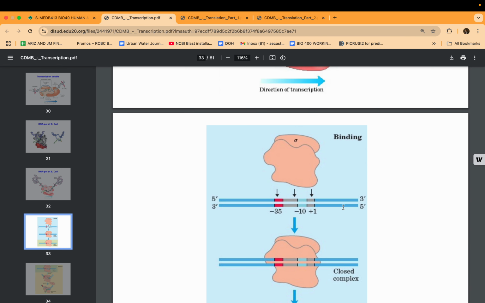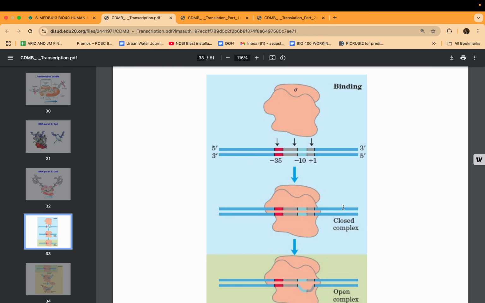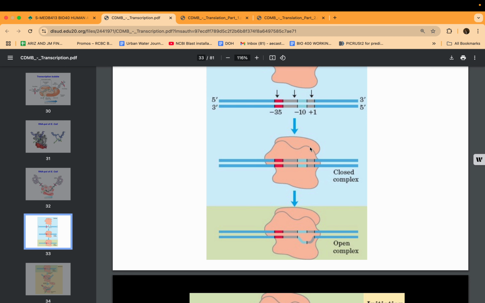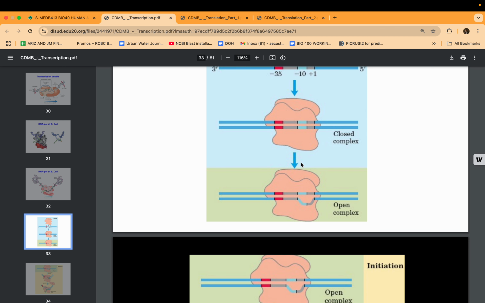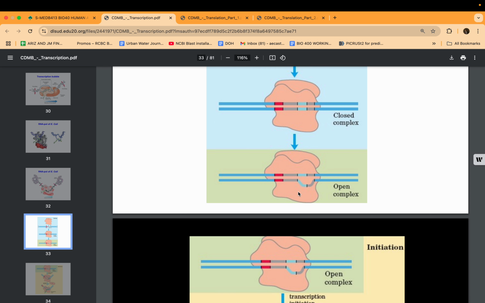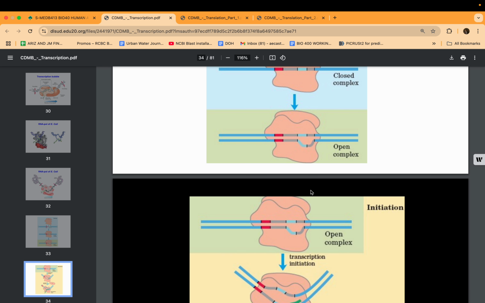Let's take a look. So binding: your RNA pol binds to the promoter site, -35 to +1. Once there's perfect binding, RNA pol establishes stability at the -10 region and will now initiate opening of the DNA helix.